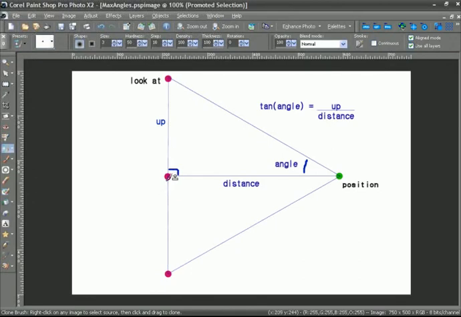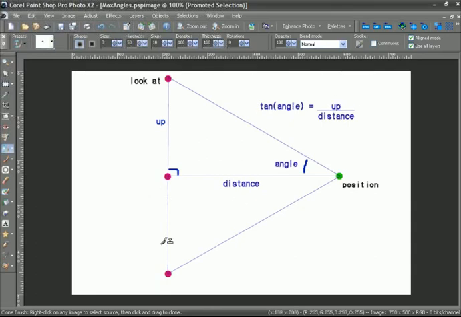So we need to know what is the maximum it can slide up and what is the maximum it can slide down. Well, the angle is what defines how high we can look or how low, and everything's with respect to this horizontal. So if we have some angle here, I've just labeled it angle, the tangent of that angle is defined as up divided by this distance. We want to know what up is, so we can just take distance times tangent of that angle and we're going to get up.